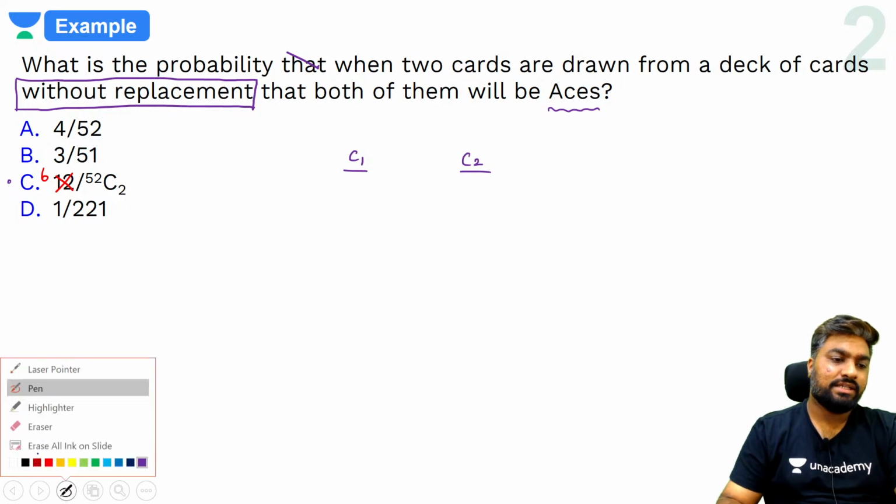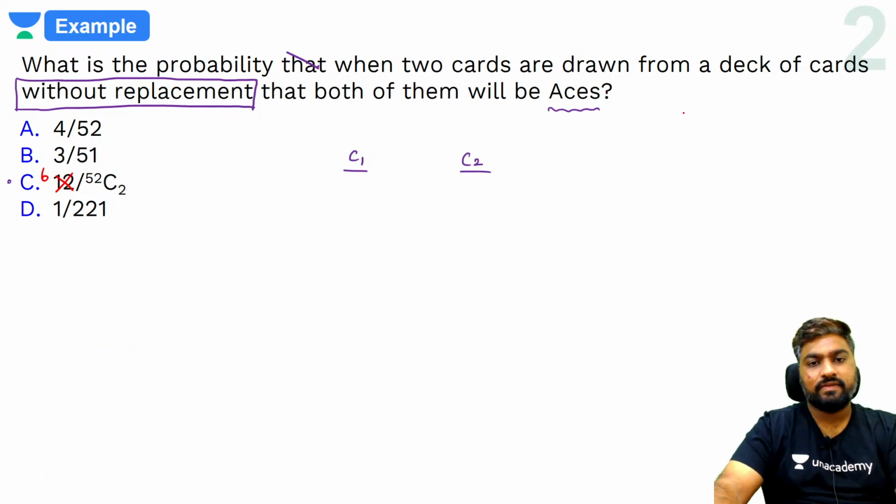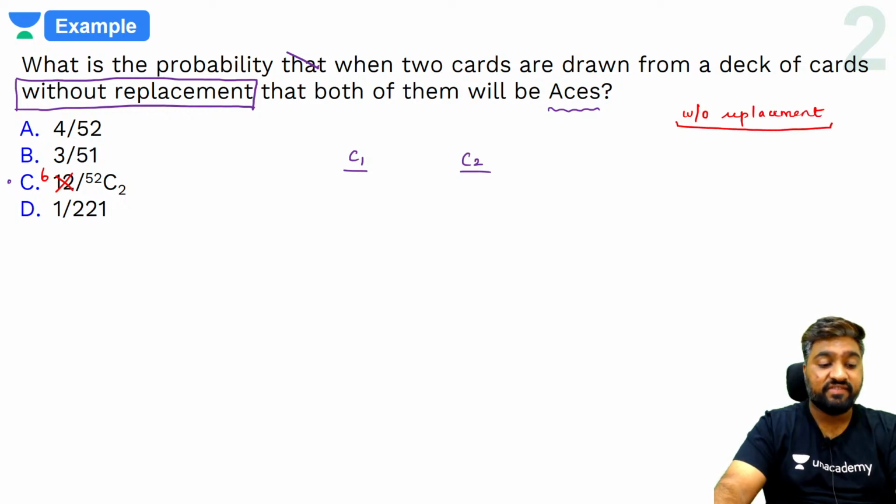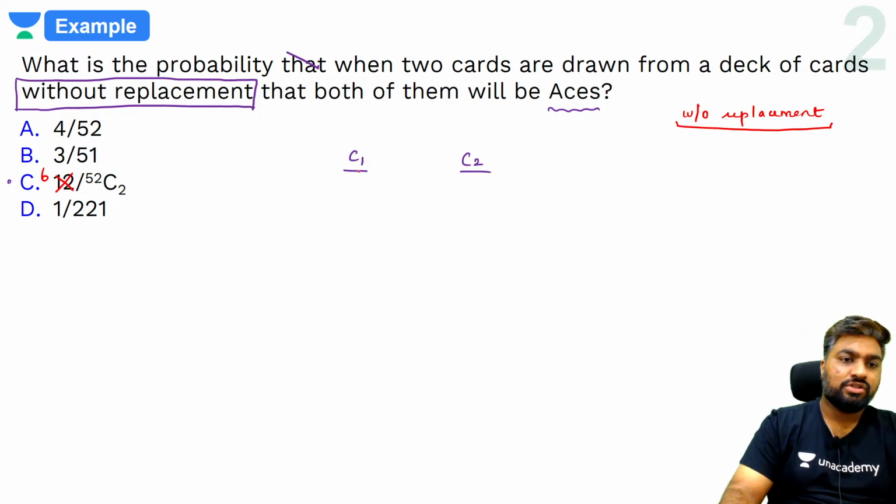So what's the condition here? The condition given is without replacement. Yes, if it is without replacement, then what do you have to keep in mind? That the total number of cards will reduce. Yes. So in the first case, how many possibilities?